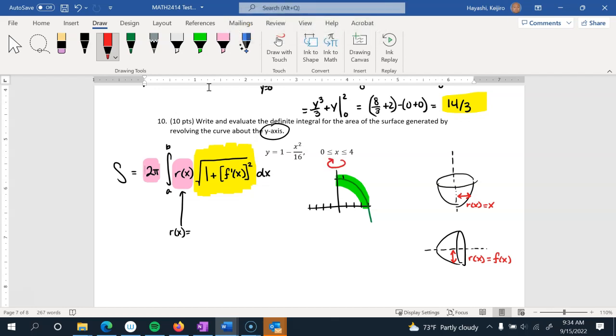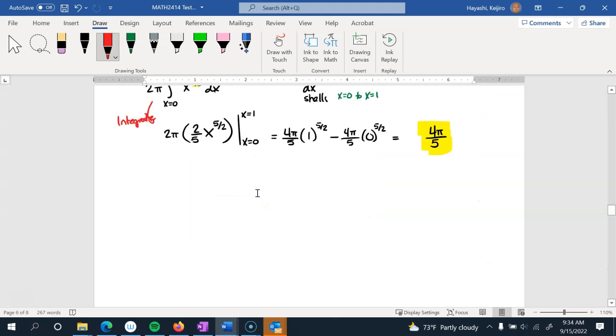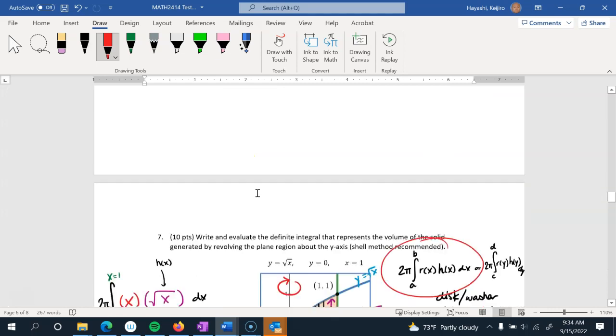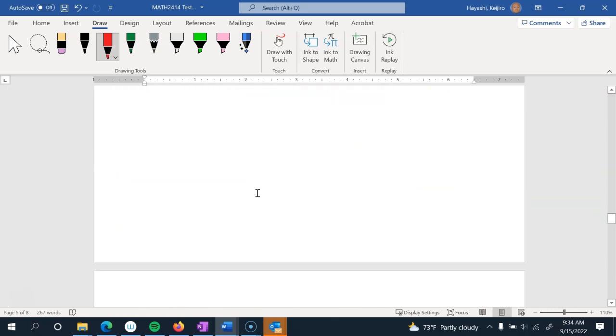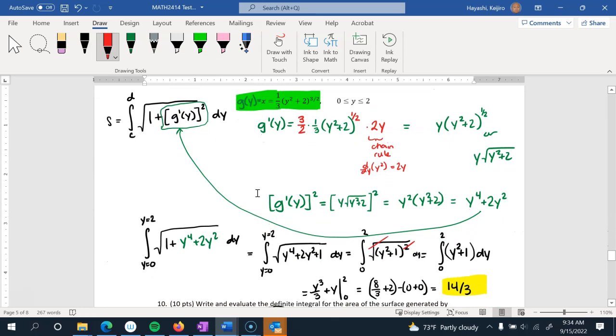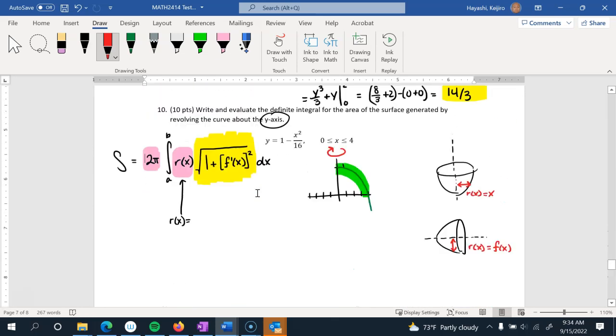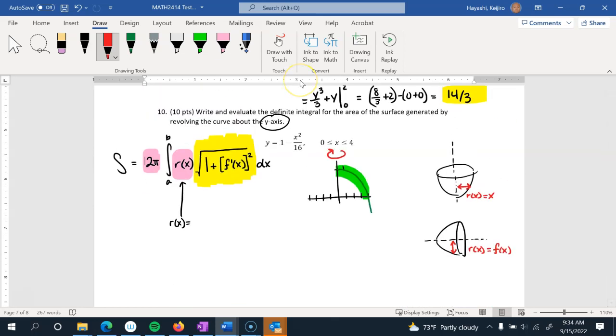So I should probably add in a graph for this one. But you will be provided the graphs for these solids and any areas you'd have to find. What about the disc, the washer, the shell formulas?